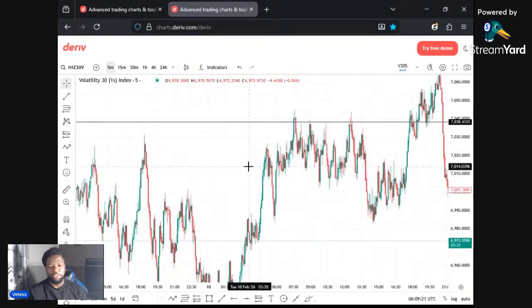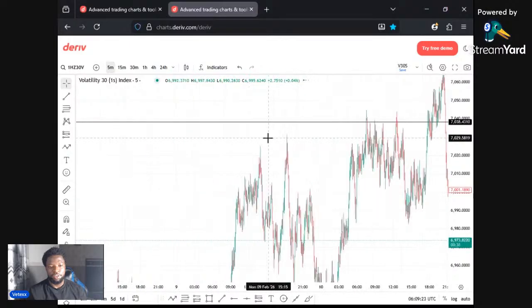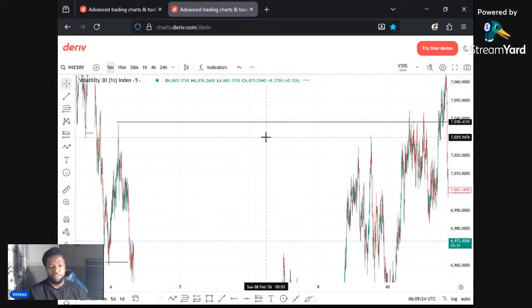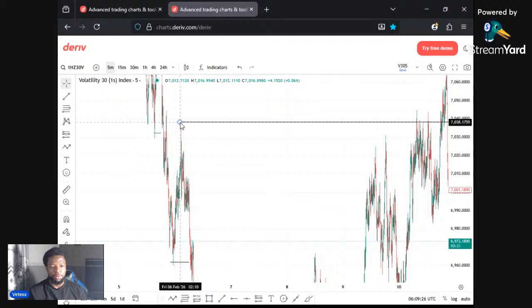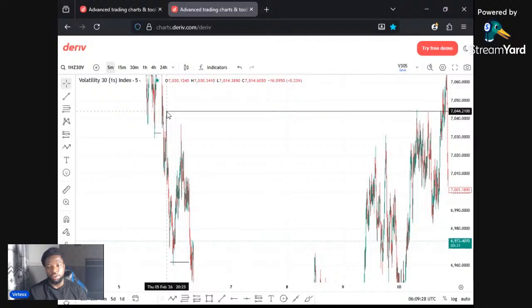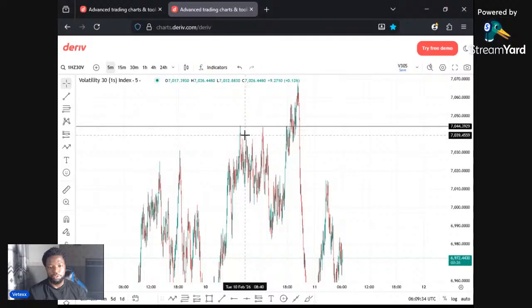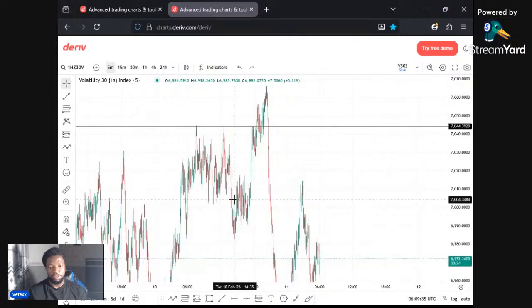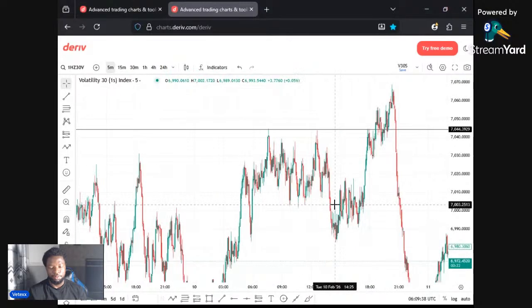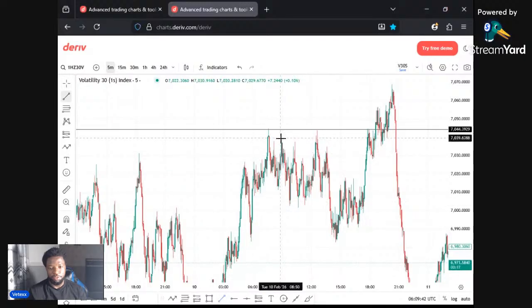That's crazy. So we had our sweep of liquidity here. You can consider this as our sweep of liquidity since it is high. And then this becomes what? A break of structure. Look at it. Look at this. This becomes what? A break of structure. Structural liquidity, sorry.